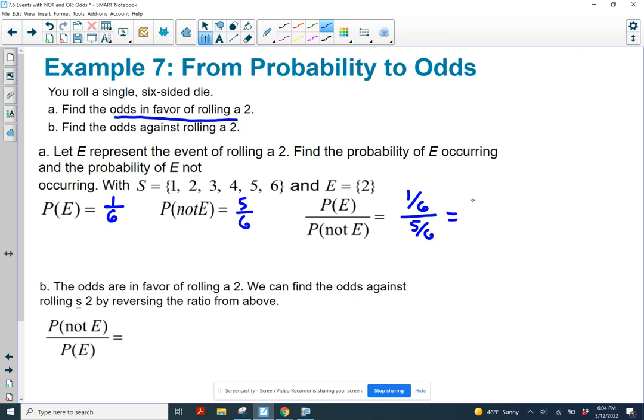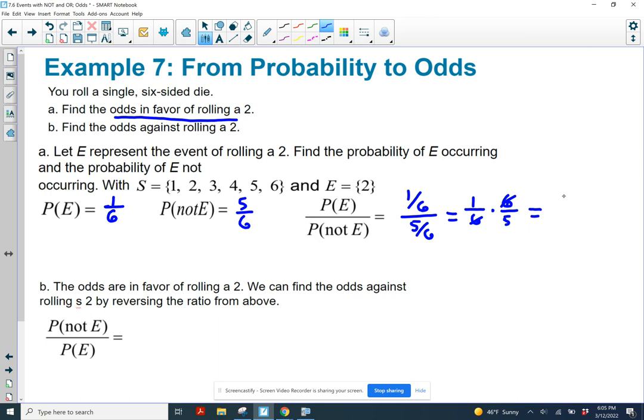Well, remember, to divide fractions, we take the one we're dividing by and flip it over, in other words, multiply by the reciprocal. So we change it from division to multiplication. We multiply by the reciprocal. That 6 is going to cancel, or we've got 6 over 30, which reduces to 1/5.